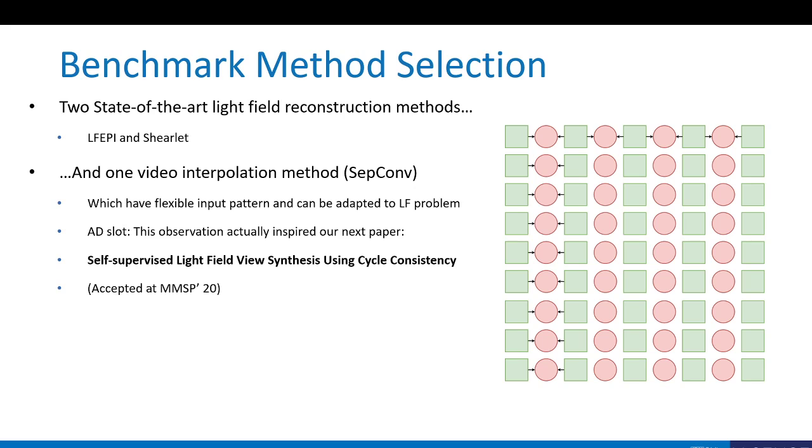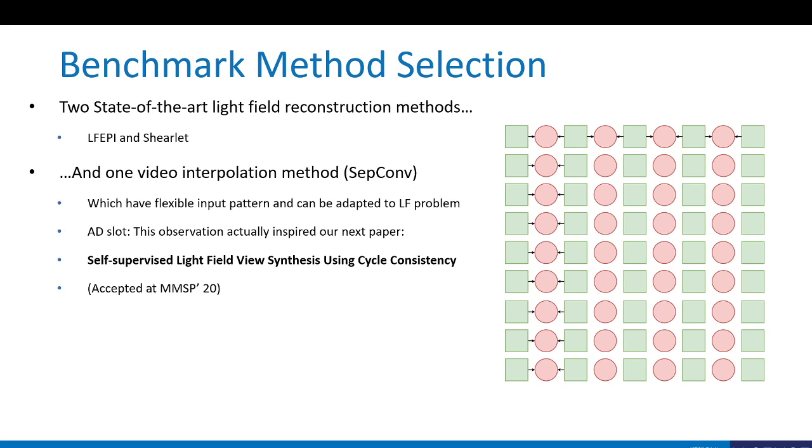One is the deep learning based LFEPI method, and the other is the non-deep learning based ShearLet method. Besides, another method called SepConv, which was originally designed for video interpolation, is selected as it has a flexible input pattern and can be easily applied to the light field reconstruction problem.